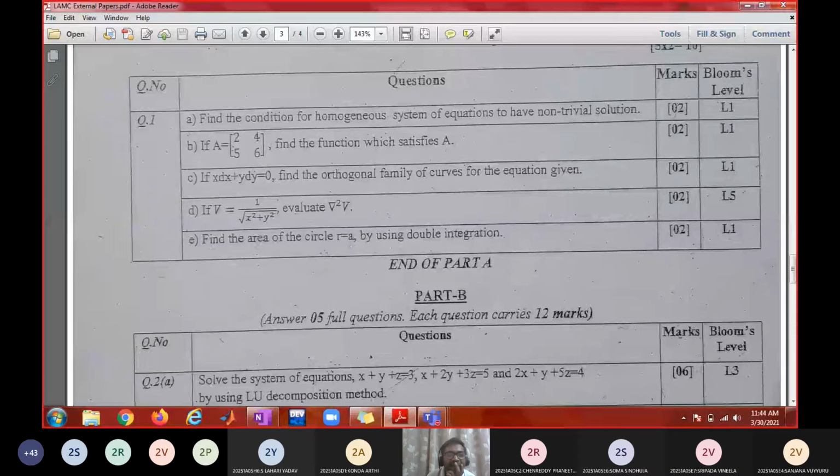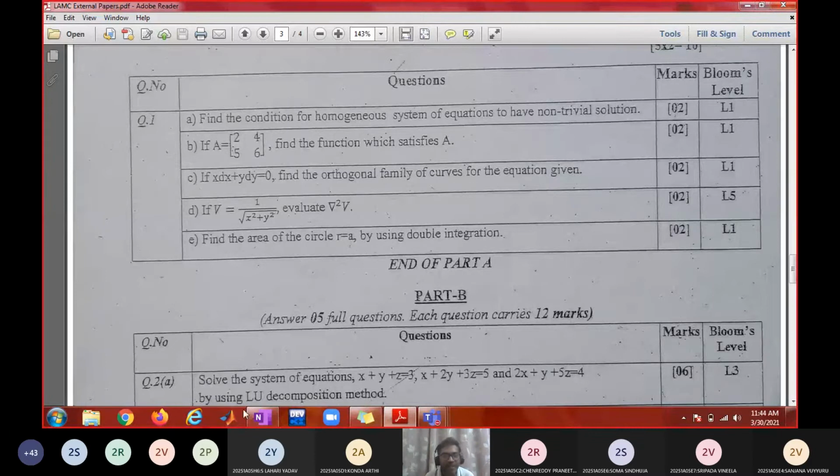What about this? Find the area of the circle using the double integration. How do you find out the area of the circle using double integration? Circle r equal to a means what? r equal to a means root of x square plus y square equal to a. That means x square plus y square equal to a square. You're asked to find out the area of the circle using double integration.